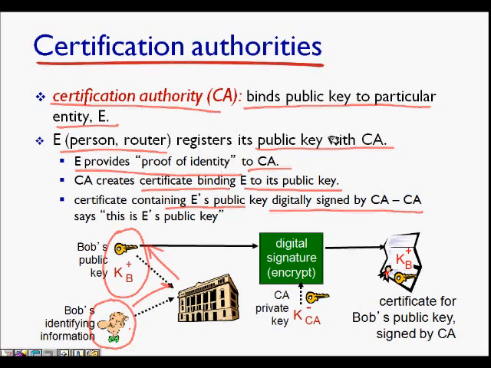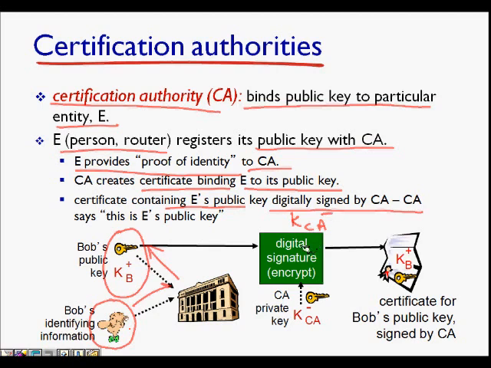And what is a digital signature? It tells that the CA is authorizing that this is the public key of that entity E. So the CA is promising that when you take the public key of Bob, it is really the same person Bob that you are thinking of. The certification authority signs it with its private key, so that it becomes a digital signature.